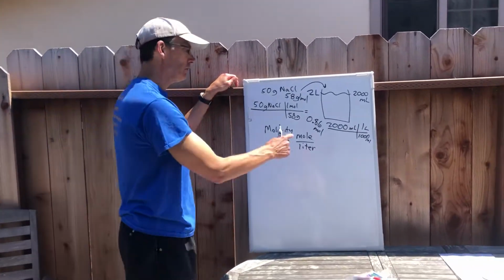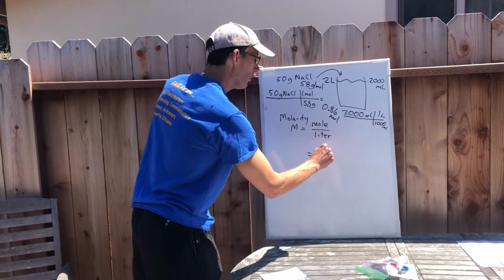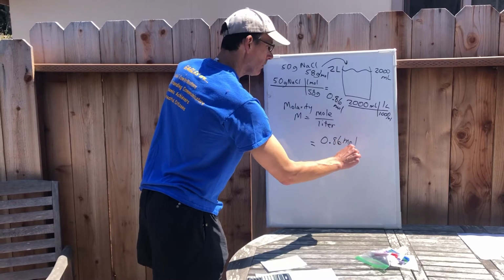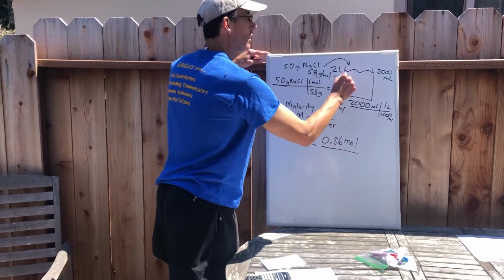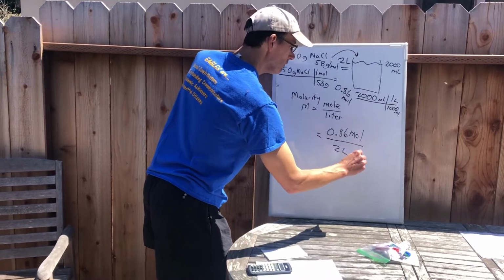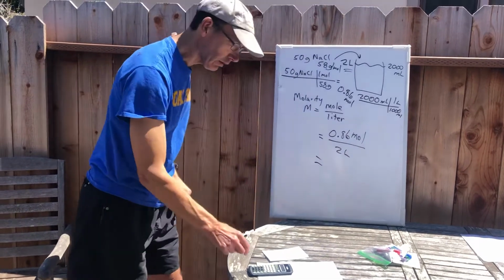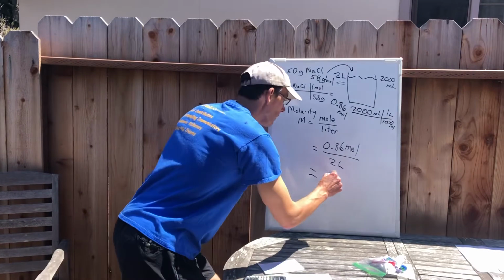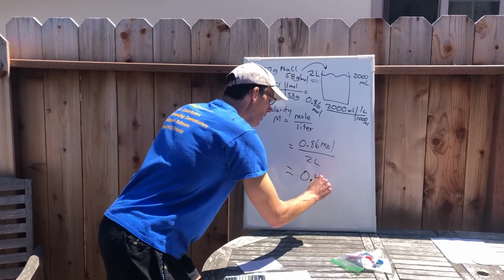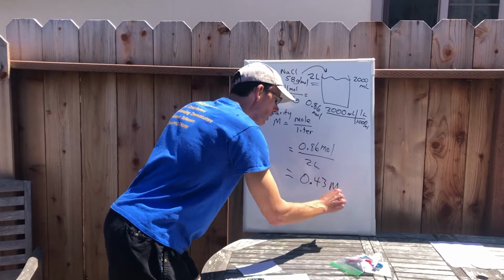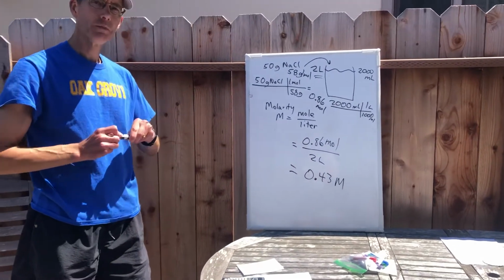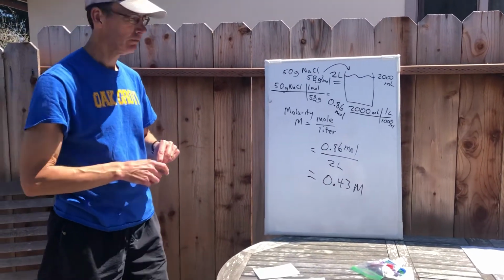So now we can just put those into this formula here. 0.86 moles divided by 2 liters. Take the calculator out, and you get 0.43 molar. So that's problem number 1. Okay.